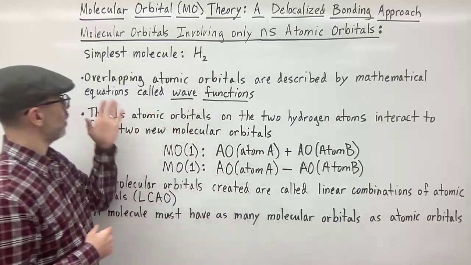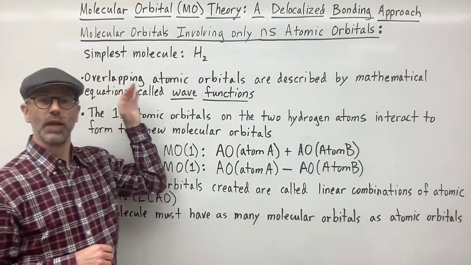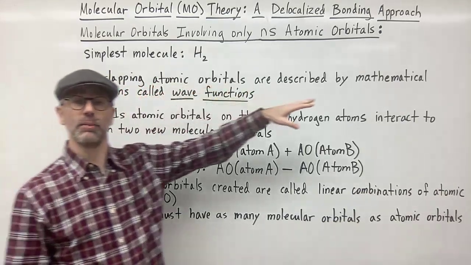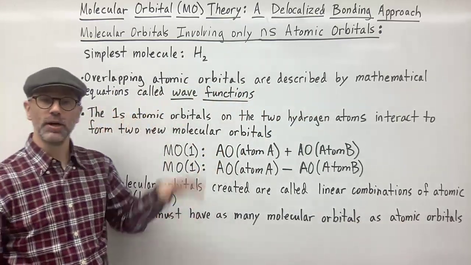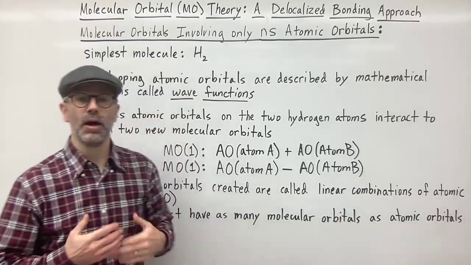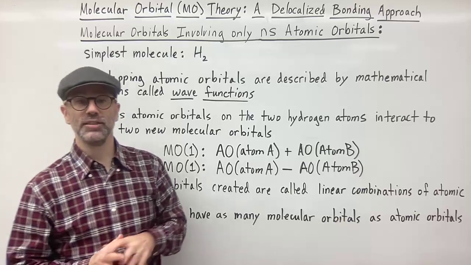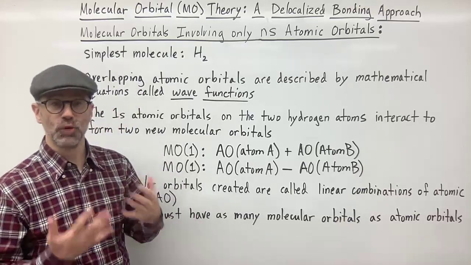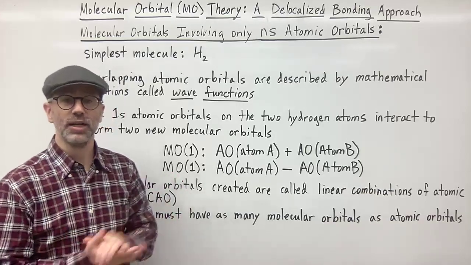So when we're overlapping atomic orbitals, they are going to be described mathematically by equations called wave functions. I mentioned this before. Wave functions are basically very complicated mathematical equations that describe the probability of where to find the electron.